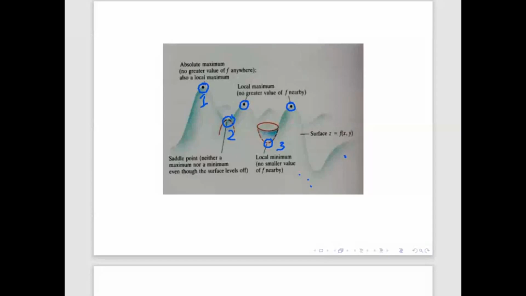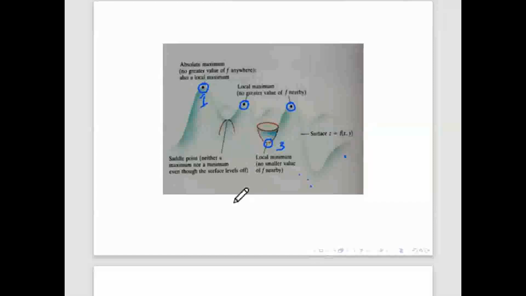Is it a maximum or minimum? Yeah, it is neither a minimum nor a maximum. I will zoom into this picture and show why it is not a maximum and not a minimum, since here in this picture it's not that clear. It is called a saddle point. A saddle point means it is neither a maximum nor a minimum.